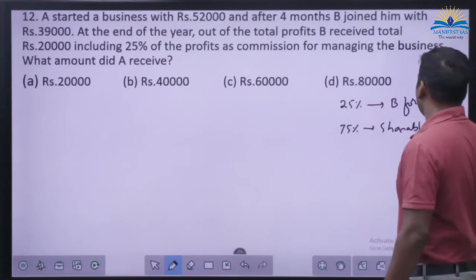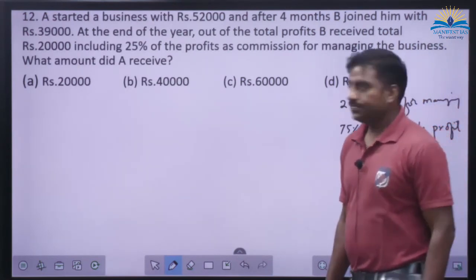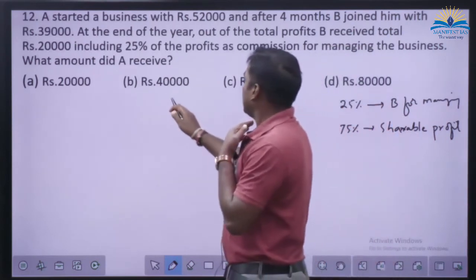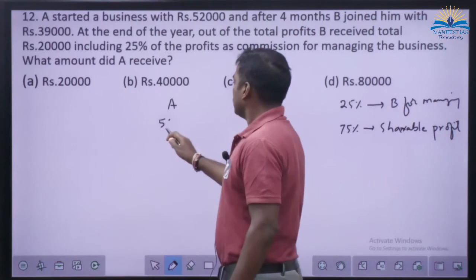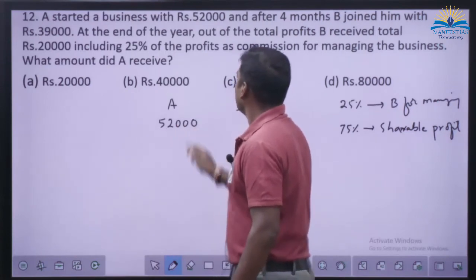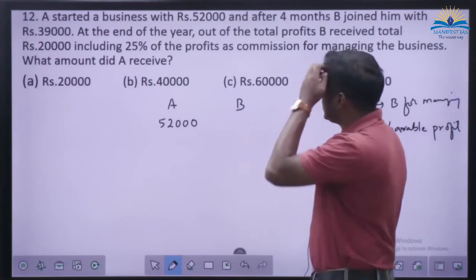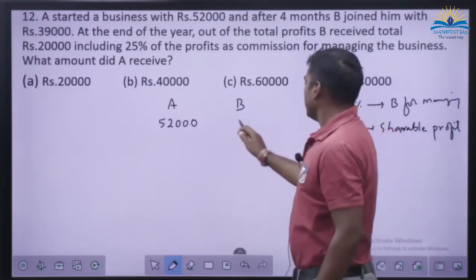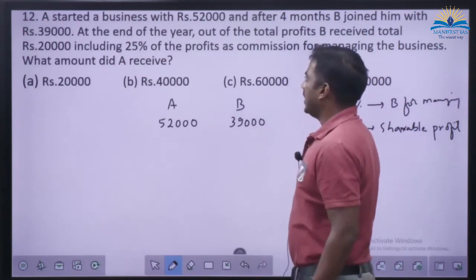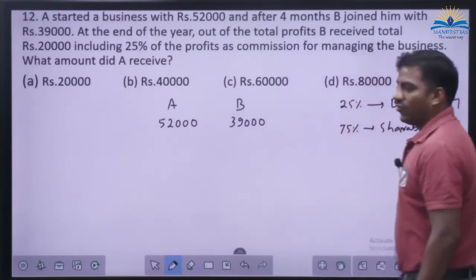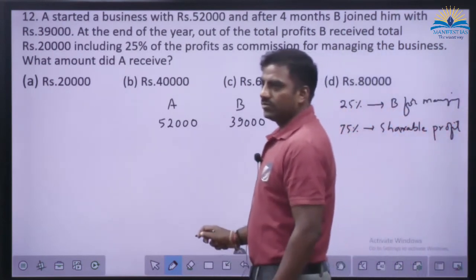Correct? So let us see what is the ratio of their profits. Now, A is investing 52,000. And after 4 months, B invested 39,000. And they are calculating at the end of 1 year. So A has invested for how many months?